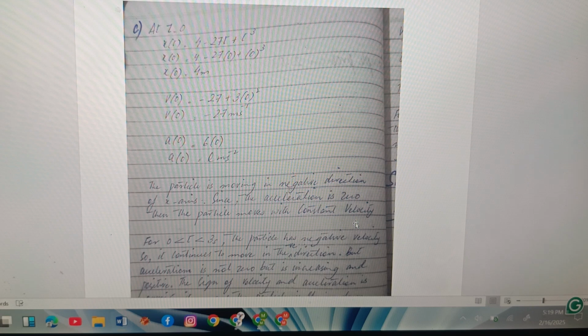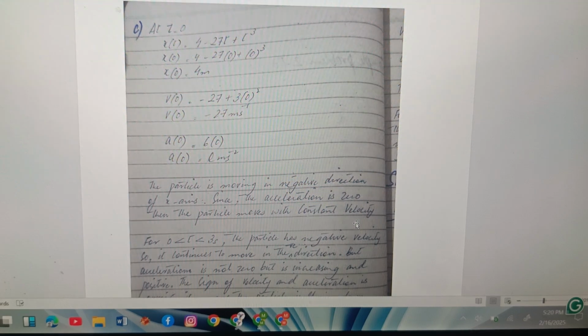From there, we find that the position of our particle is 4 meters. After that, we calculate velocity. Again putting t equal to 0, we get that the velocity of our particle is minus 27 meters per second, and acceleration will be 0.